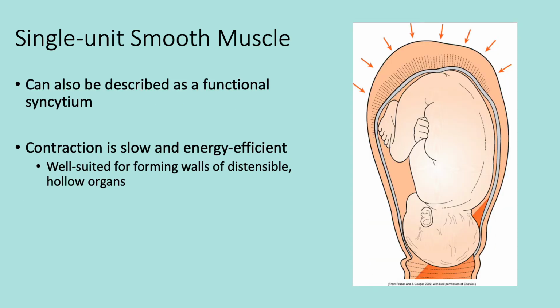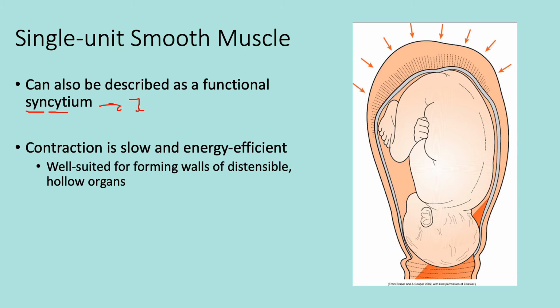And because the signal spreads throughout that group of interconnected cells via the gap junctions, and they contract as a single unit, we say that they are a functional syncytium. So syn means together, and then cyte, like cyto, means cell. So you can think of them as contracting as one cell all at once. And we see that this contraction is slow and energy efficient, as we've mentioned before. So it's well suited for forming the walls of our distensible hollow organs, which brings us back to the example that I keep bringing up of the uterine wall, the muscle there.